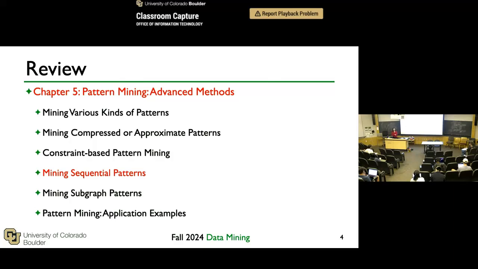So we started talking about what types of patterns, going from the single level, single dimension, or binary attribute values. Then you can talk about multi-level, because different granularity may be used when you're considering different types of patterns, and also dimensions. You may be considering different dimensions when you're trying to mine the pattern, such as age information, annual income, or the purchase pattern.